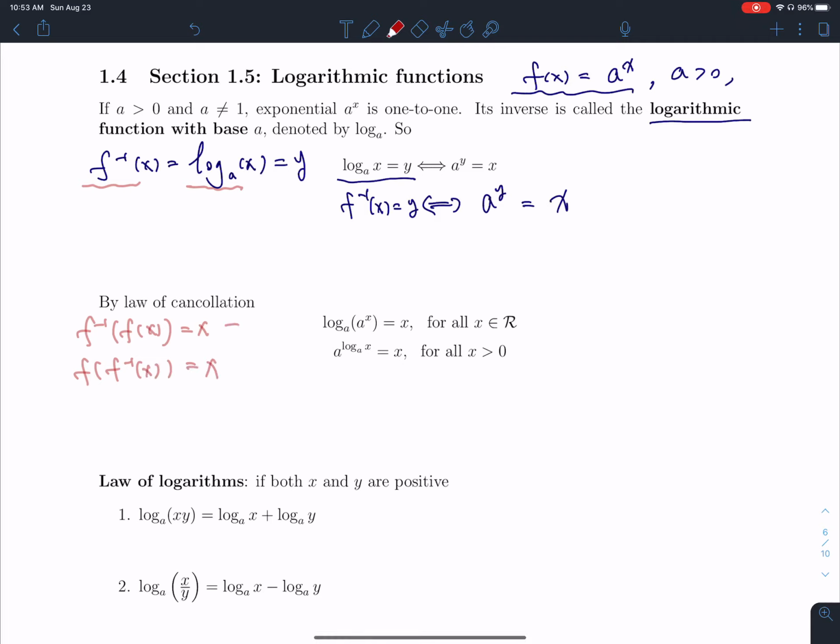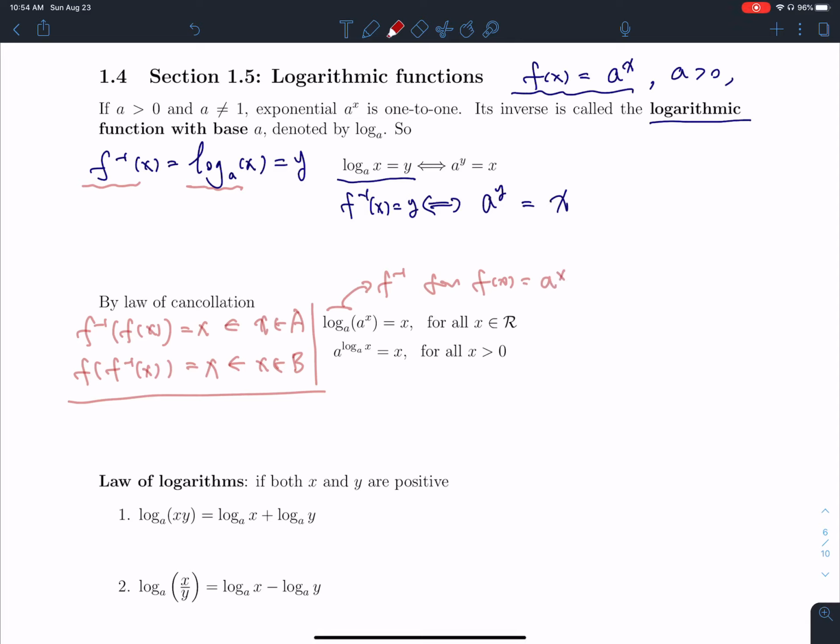And here, this x is in the domain of the function f, and this x is in the range of the function f. All right, so this is very important because as we discussed earlier, this log a is supposed to be the inverse of this f of x equals the exponential function.